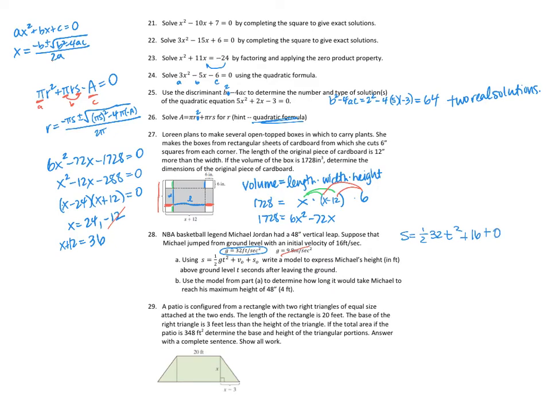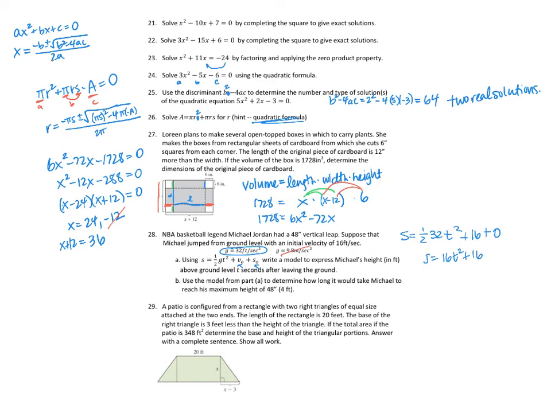So this means initial velocity, and this means initial position. The velocity at time 0 is 16. The position at time 0 is 0 because he's on the ground level. So this is our function here. We'll have S is equal to 32 divided by 2 is 16 t squared plus 16.